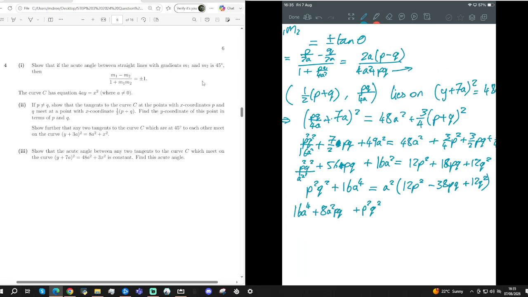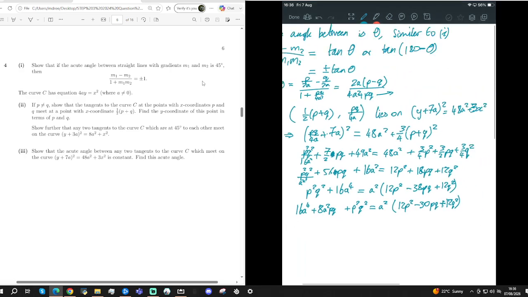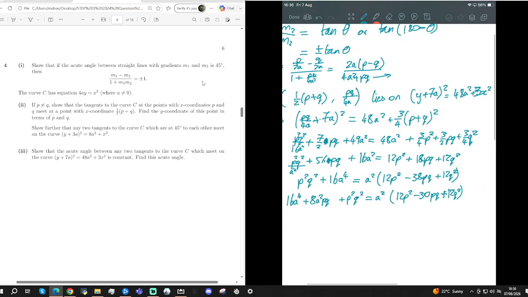So I have to add that onto this side, which means I'll need to add it onto this side as well. So that's minus 30pq plus the 12q squared. So that left side is indeed the square of what I want.